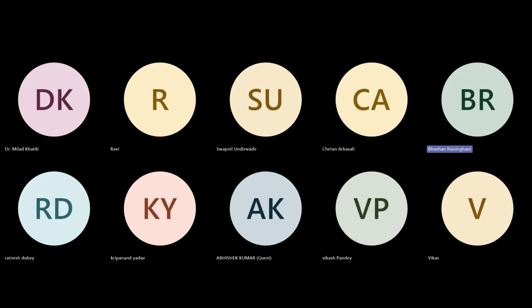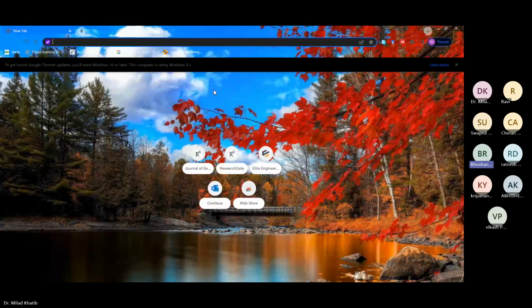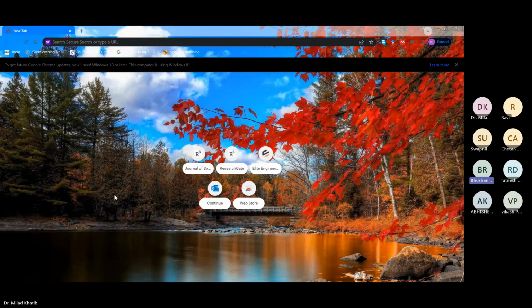You can share full screen. Can you see it now?